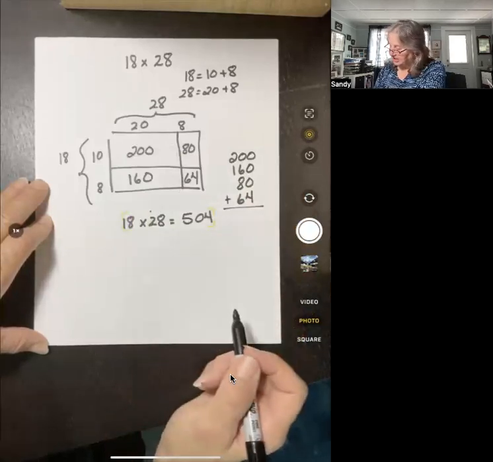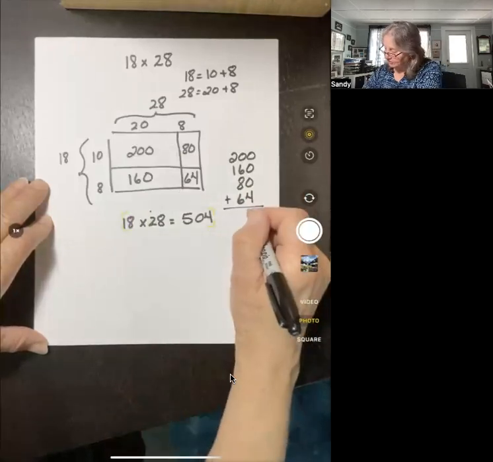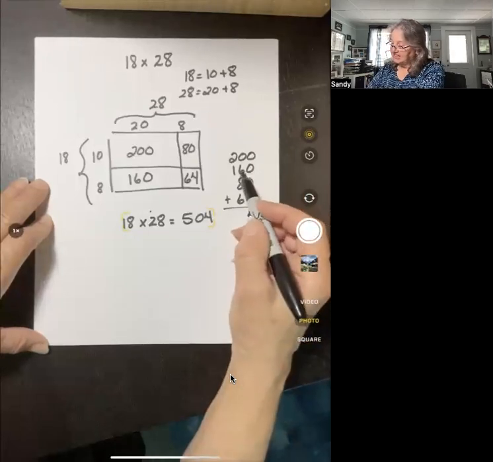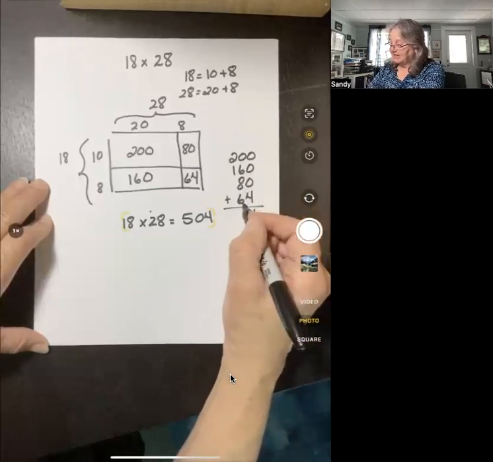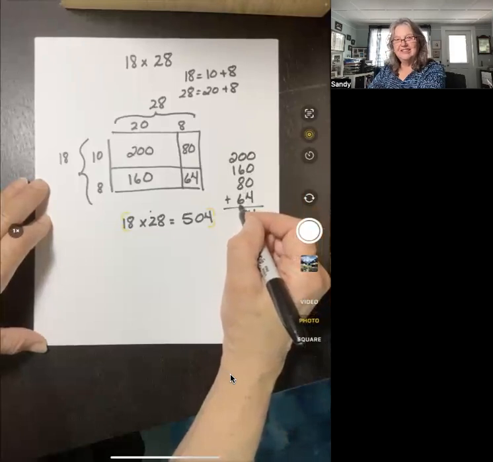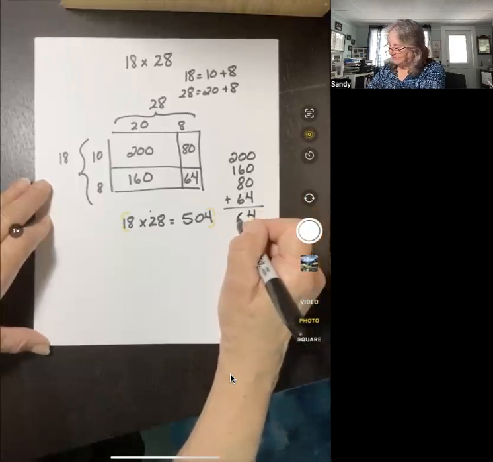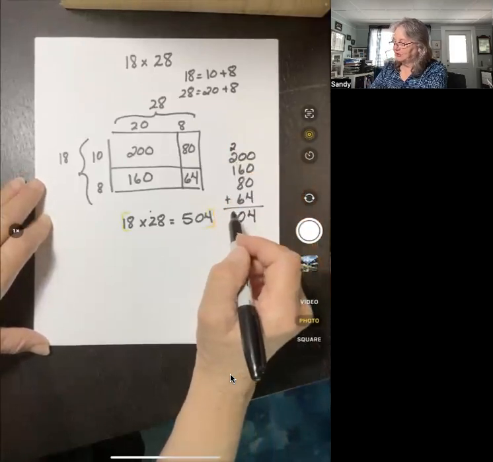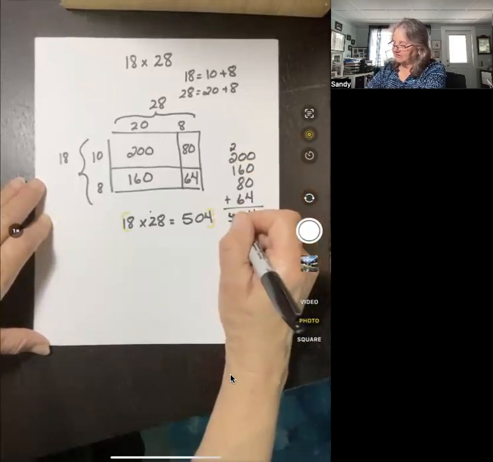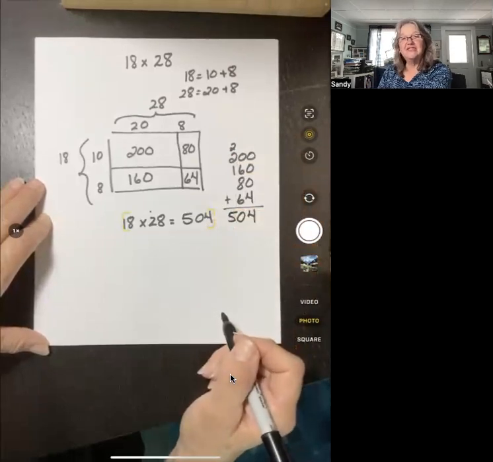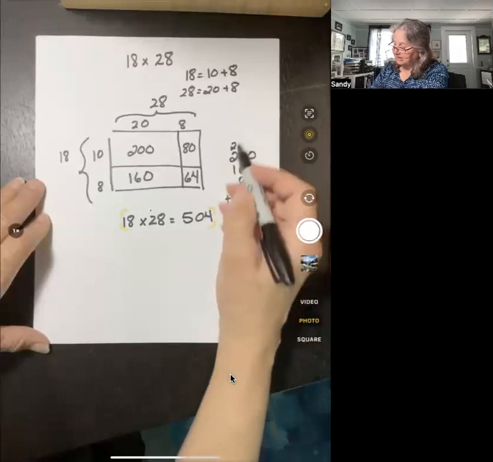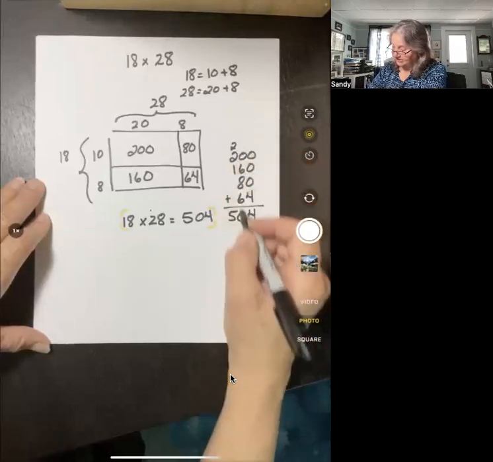I can add those together. If you want to do it more of a traditional way, we have 4. We have 60 and 80 is 140, and 60 more is 200. So we've got 200s, and 200 is 400, and 100 more is 500. Notice how I'm using place value language each time. So I could add the partial products together.